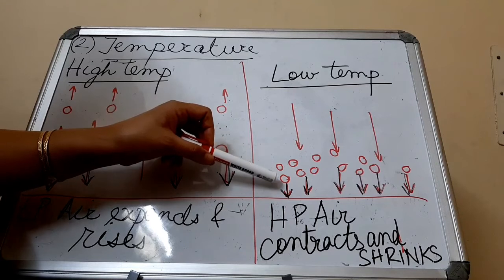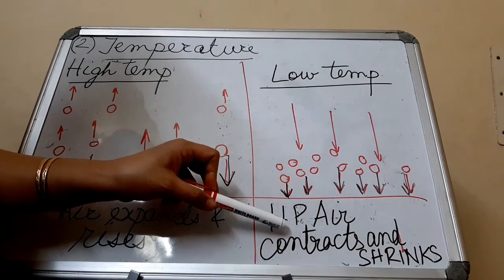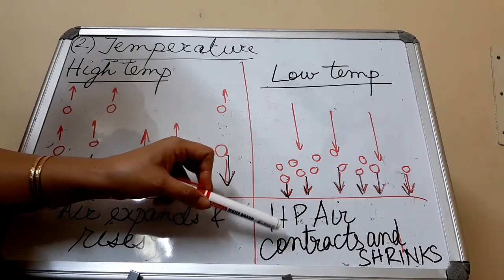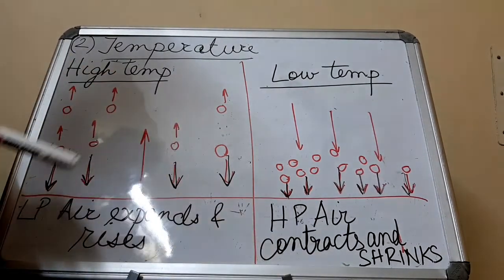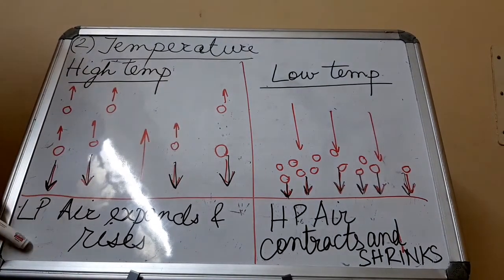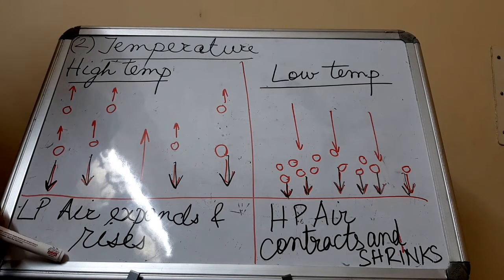Hence these air molecules will exert more pressure, they will exert more force, and this will lead to a high pressure. So lower the temperature, higher the pressure, higher the temperature, lower the pressure. So this is the relationship between temperature and atmospheric pressure. And it is because of this relationship that in equatorial regions, because of a very high temperature due to vertical rays of the sun, the pressure is very low.